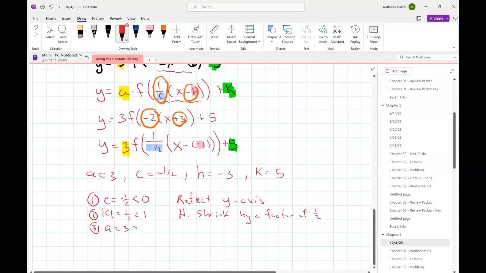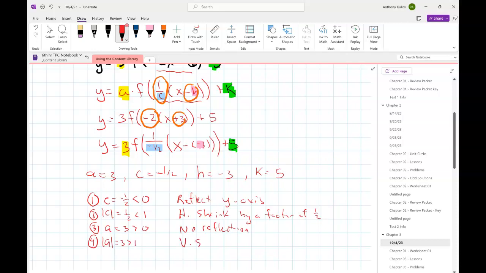My A is 3, which is greater than 0, so I have no reflection from the A. The absolute value of A is 3, which is greater than 1, so I'm going to have a vertical stretch by a factor of 3.